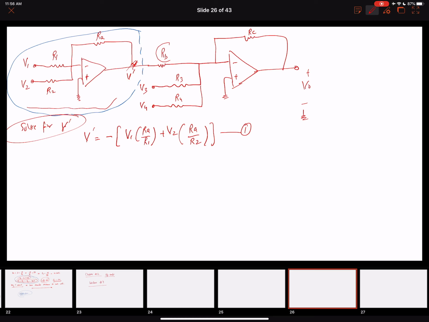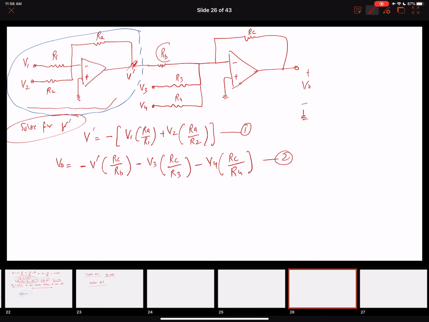All right, now let's do the second part of it where we have V naught. It's also a summation circuit, so our V naught will be equal to minus V dash into RC over RB minus V3 into RC over R3 minus V4 into RC over R4.